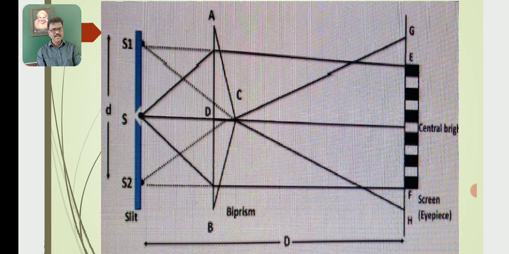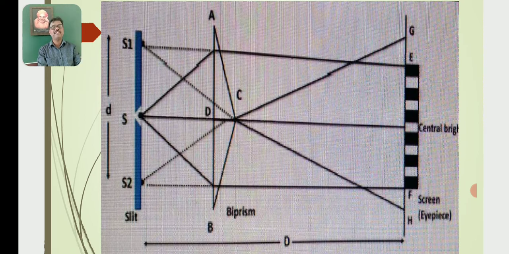The rays refracted at the lower portion of the biprism appear to be diverging from the source S2. So here S1 and S2 both act as virtual coherent sources.